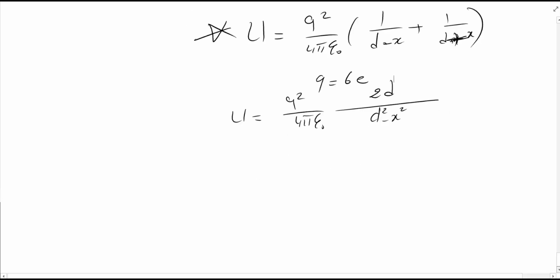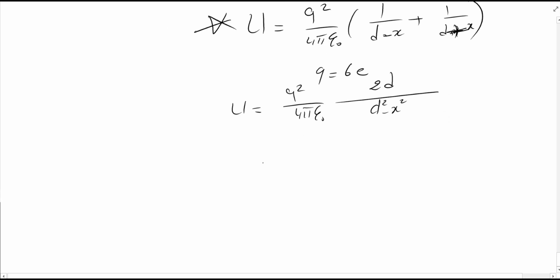So I could write this potential, because I want us actually to do it, as Q squared times d over 2 pi epsilon naught times, okay, I'm going to put another d in there, so it's not a good idea to keep this d in the numerator, so I'm going to put a d squared in the denominator, so it's actually 1 over 1 minus x over d squared.